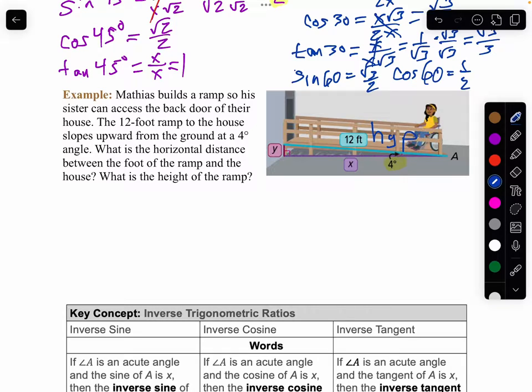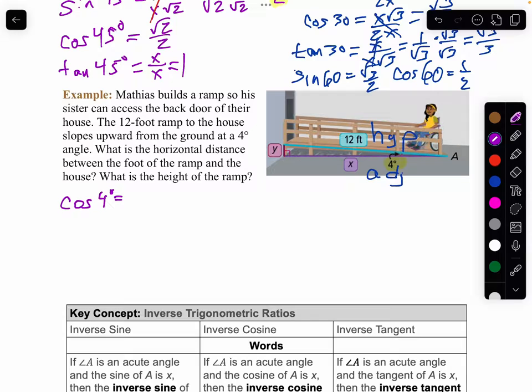That's 12 feet. Let's find the horizontal distance first. Well, in relation to 4 degrees, that's going to be my adjacent side. So what function uses adjacent and hypotenuse? Well, that's cosine.